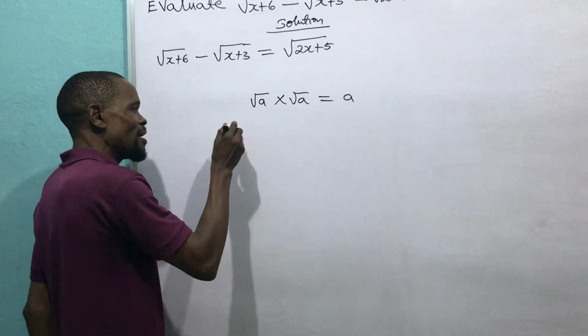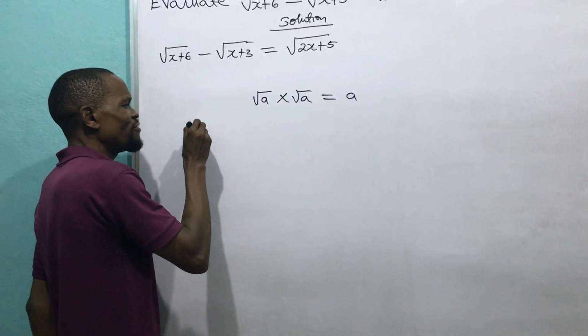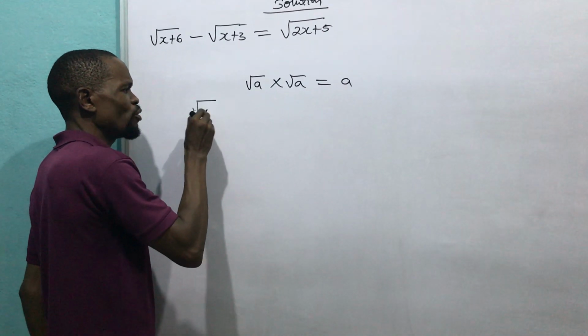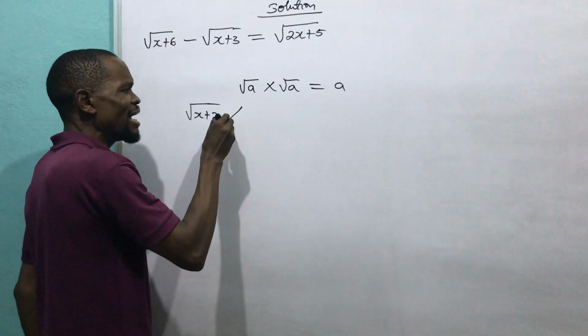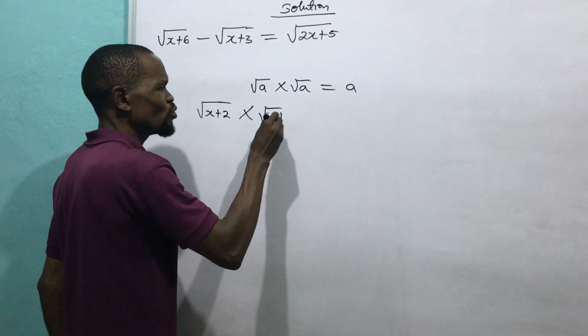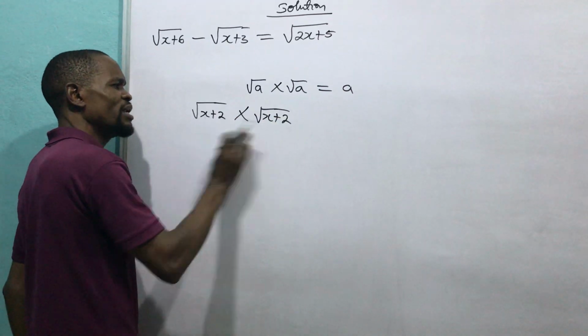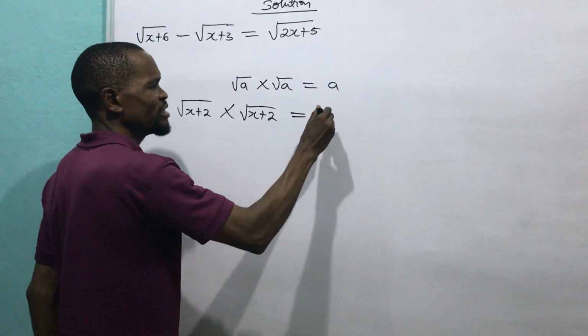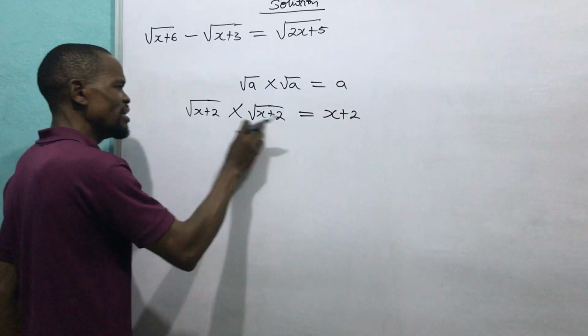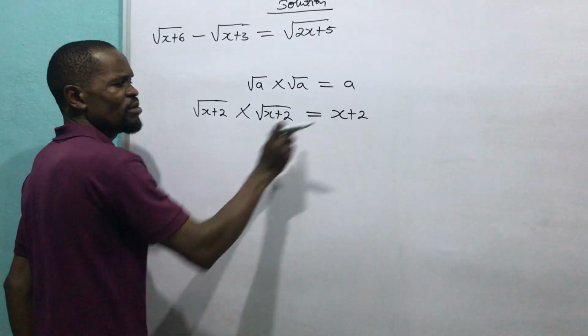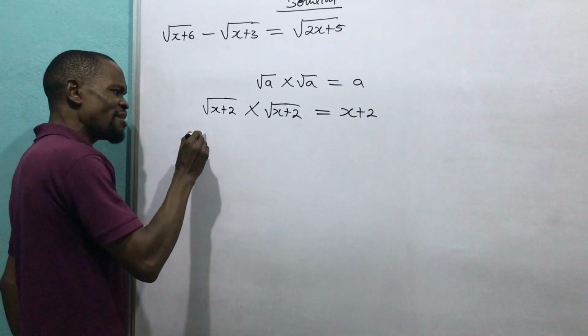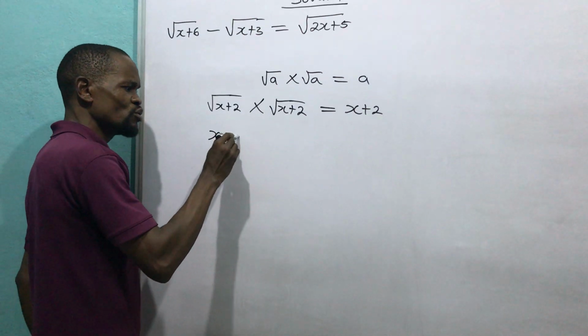If I have root of x plus 2 times root of x plus 2, they are similar surds. When they multiply themselves, it will leave me with x plus 2.